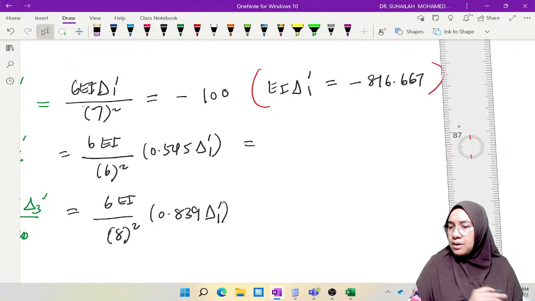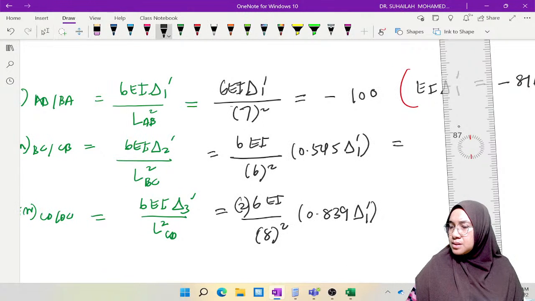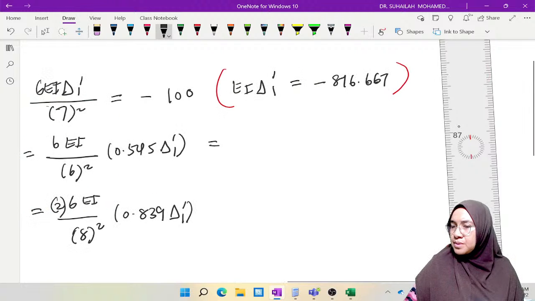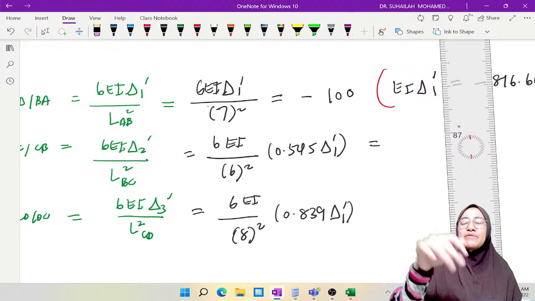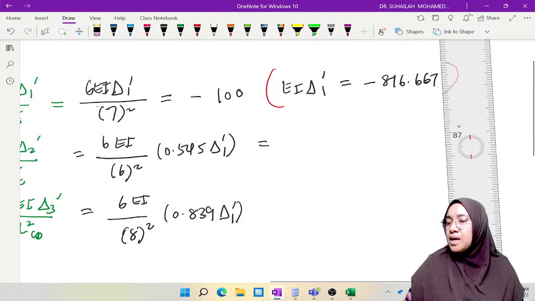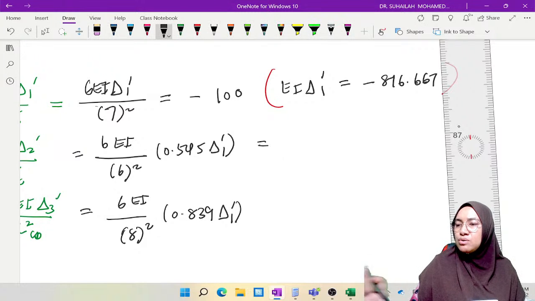Wait, there is a 2 here. Oh no, the 2 is from the previous example. Okay, constant EI, that's fine. We assume that EI is all constant, so EI has no changes.